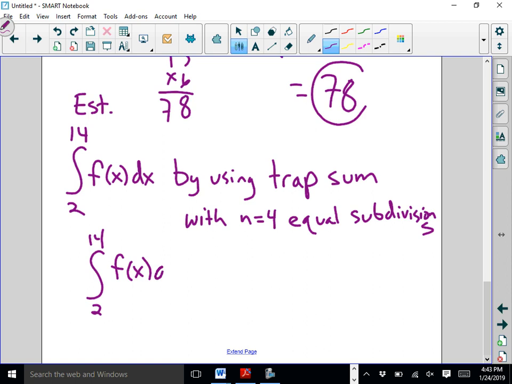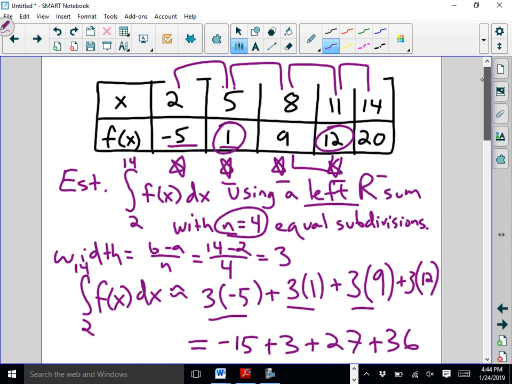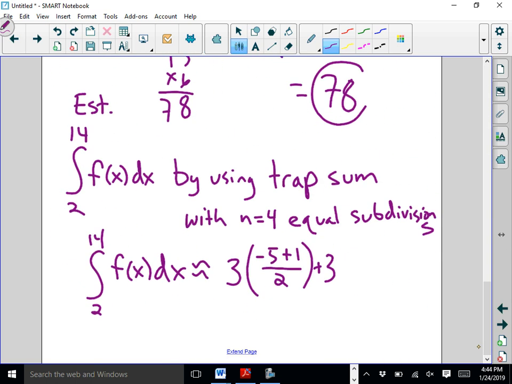My first base is 3, but I have to multiply that by the average of the 2 y values. So I have to add them up and divide by 2. Plus, my next base is 3. My averages are going to be 1 and 9. Plus 3.